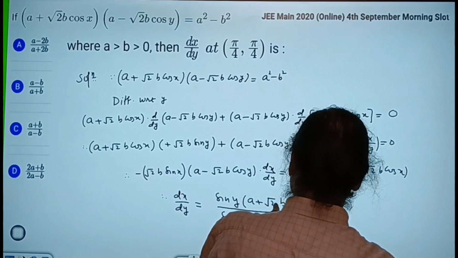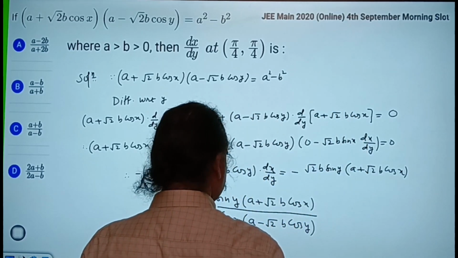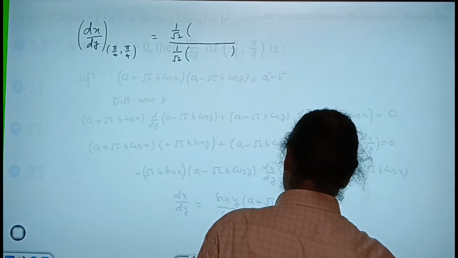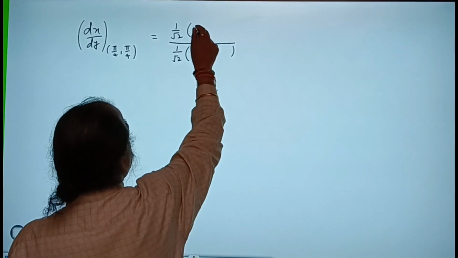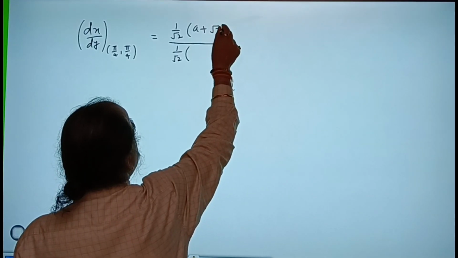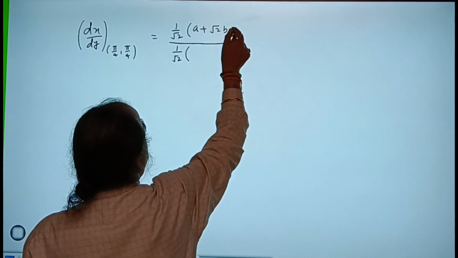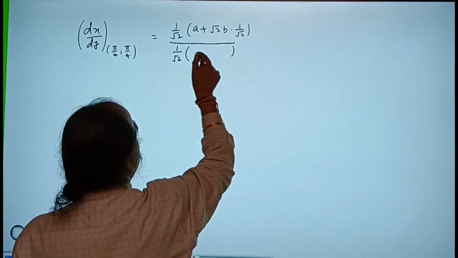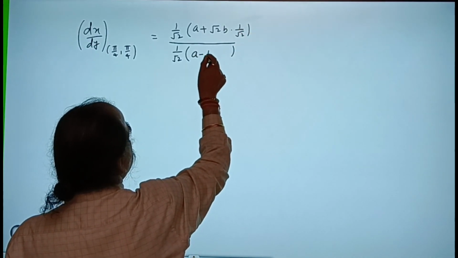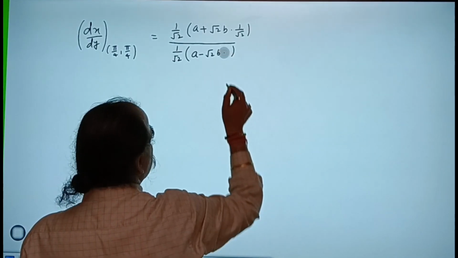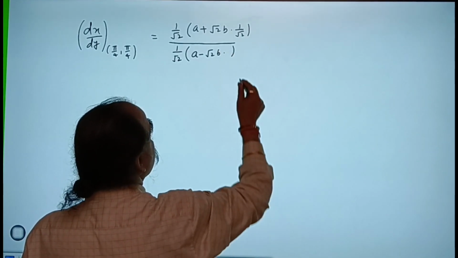Now a plus root 2b into 1 by root 2, upon a minus root 2b into 1 by root 2.